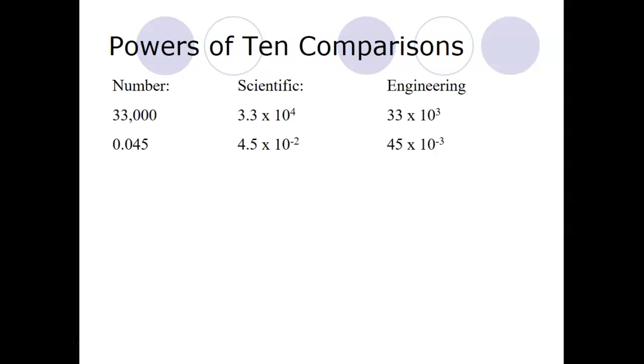All right. So looking at your number comparisons, for your base number, if you have something like 33,000, scientific, we already saw, would have put that at 3.3 times 10 to the 4th. Why 10 to the 4th? Because you moved that decimal 4 times. With engineering, like I said, follow the comma.